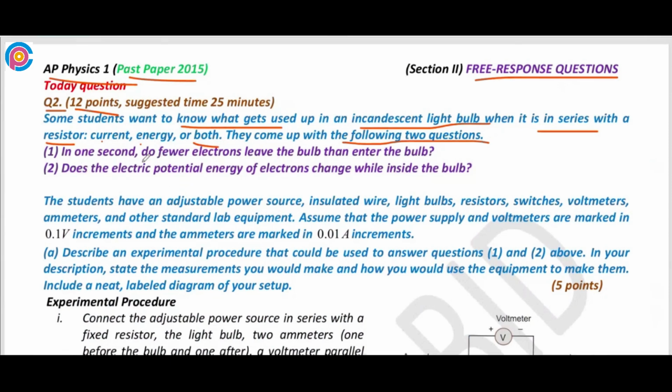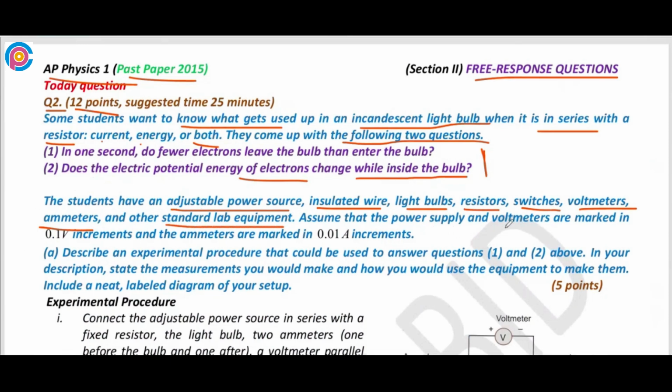First question: in 1 second, do fewer electrons leave the bulb than enter the bulb? Second question: does the electric potential of the electron change while inside the bulb? These are the two main questions we have to answer. The student has an adjustable power source, insulated wire, light bulb, resistor, switches, voltmeters, ammeters, and other standard lab equipment.